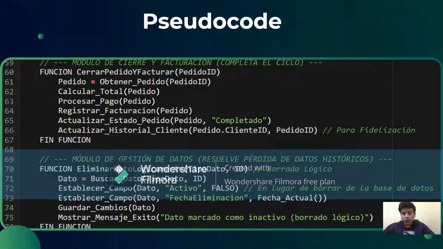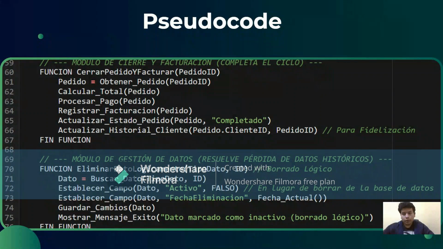Now we address the second major problem we identified: the loss of historical data. We solve this with the data management model using logical deletion. When we try to delete an old product or client, we use the logical deletion function.